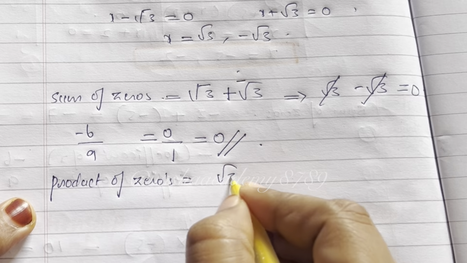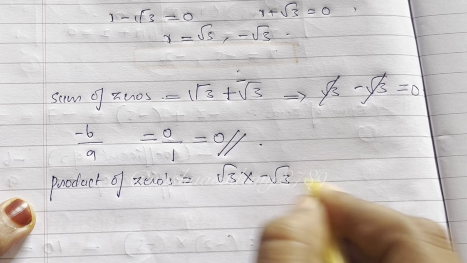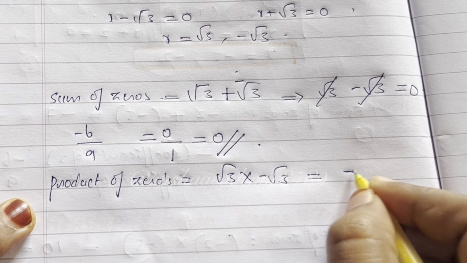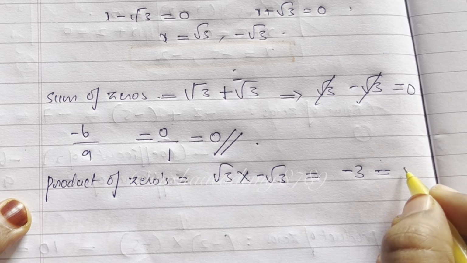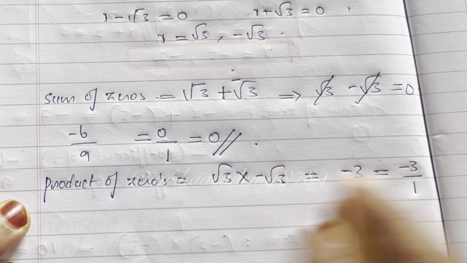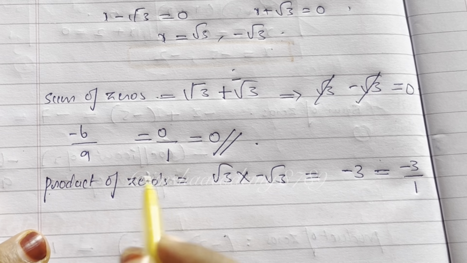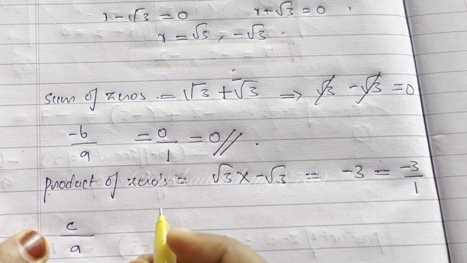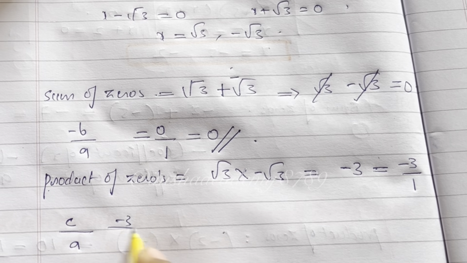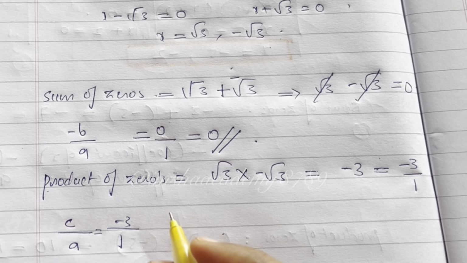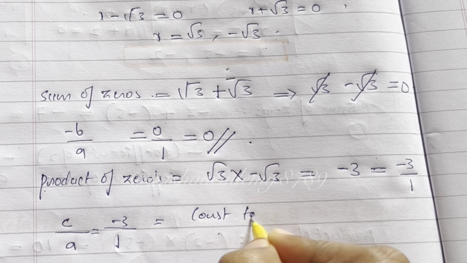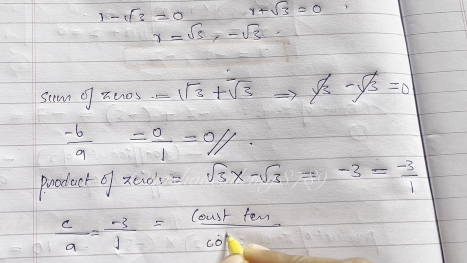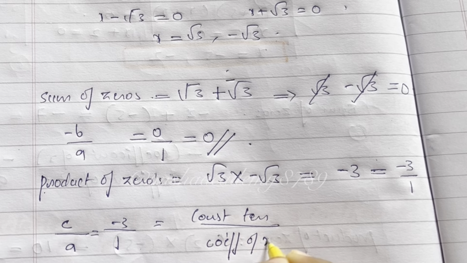That is root 3 into minus root 3, which is equal to minus 3. This is nothing but minus 3 by 1. You know, the product of zeros is nothing but c by a. What is c here? Minus 3 by 1. Right? Hence, it is the constant term divided by the coefficient of x square.